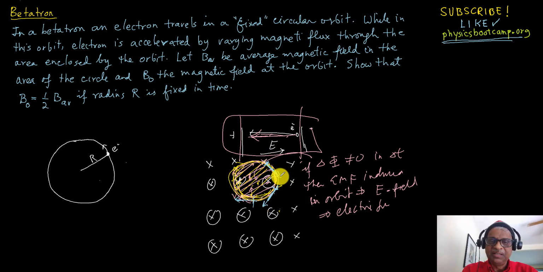So it will just keep accelerating the electron, and if certain conditions are met, which is the point of this question, then when the electron comes back over here, it is going to have higher energy, which means I need to correspondingly adjust this magnetic field so that the orbit remains the same. This is the condition that we need to find.